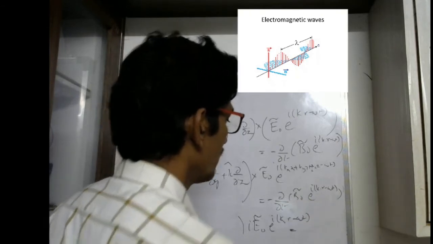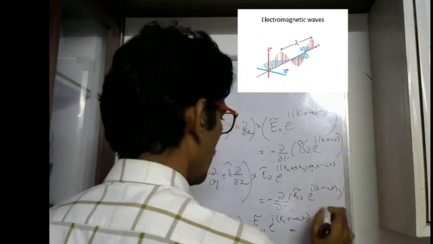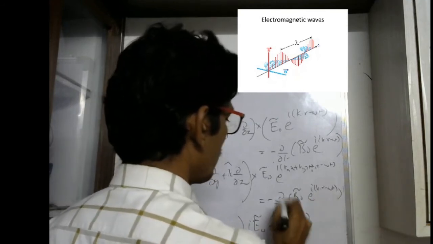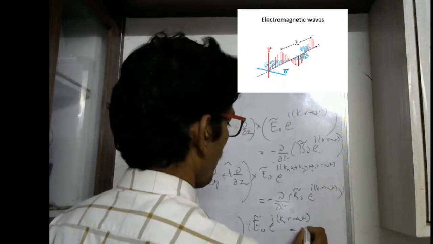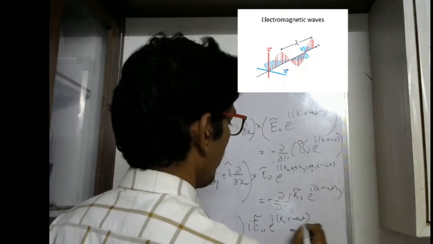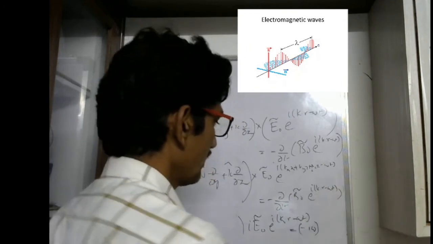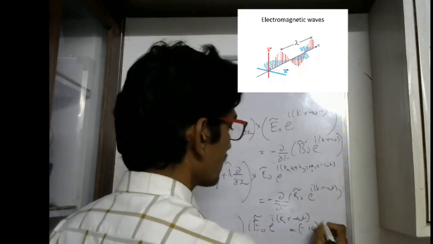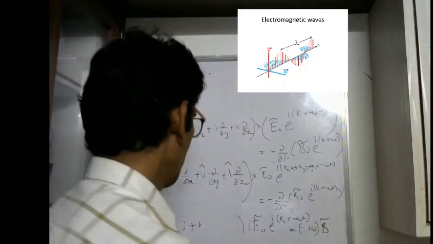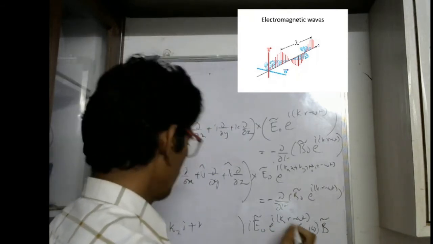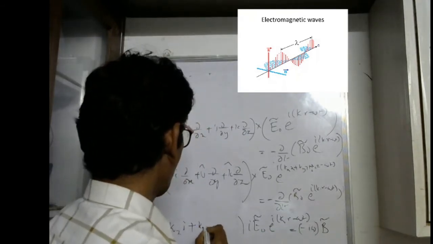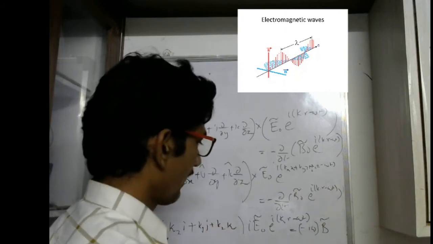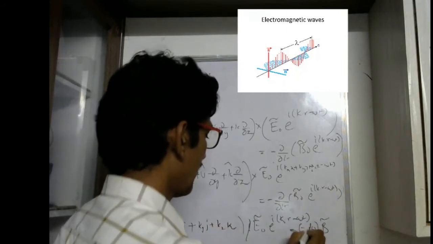After doing the time derivative, you get minus i omega into the same thing, which is nothing but B. On this side it is nothing but E, we will write later. This is ky j plus kz k. Okay, this i and this i cancel.